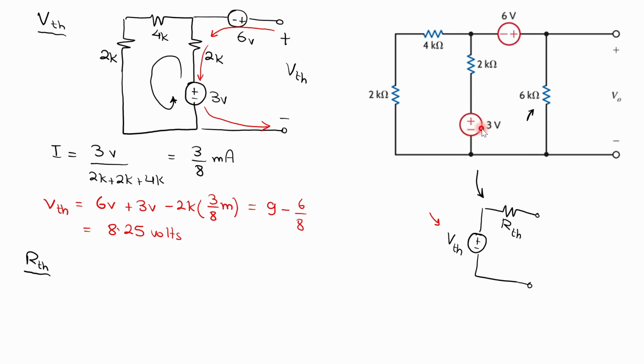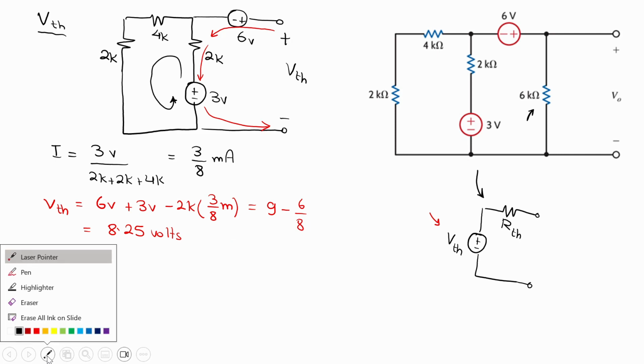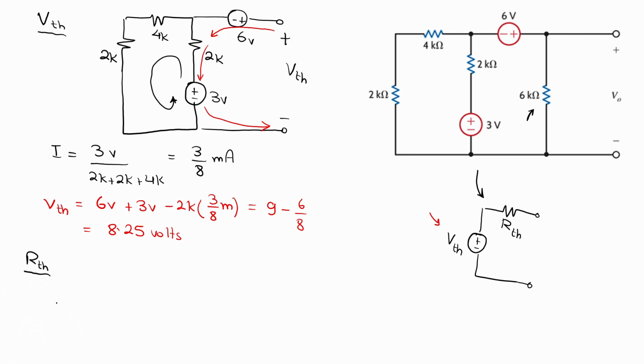So if you want to turn off a voltage source, we short circuit the battery. If we want to turn off a current source, we open circuit the current source. So in our case here, we have only voltage sources, so we will turn them off by short circuiting both sources. So the circuit will look like this.